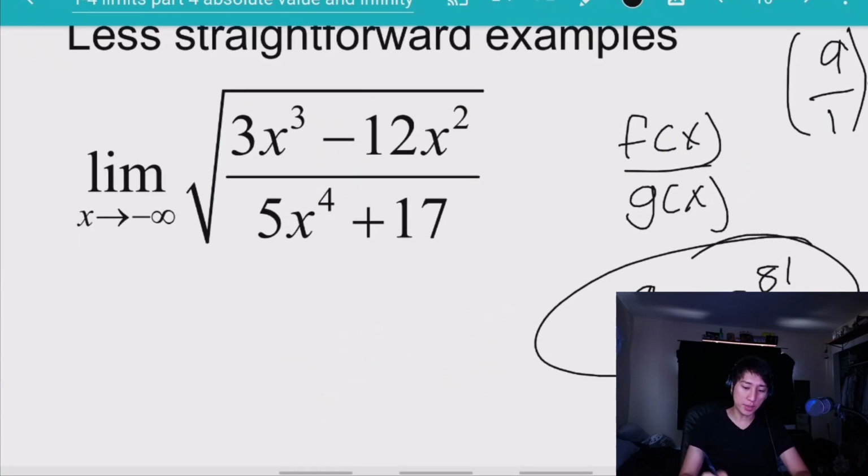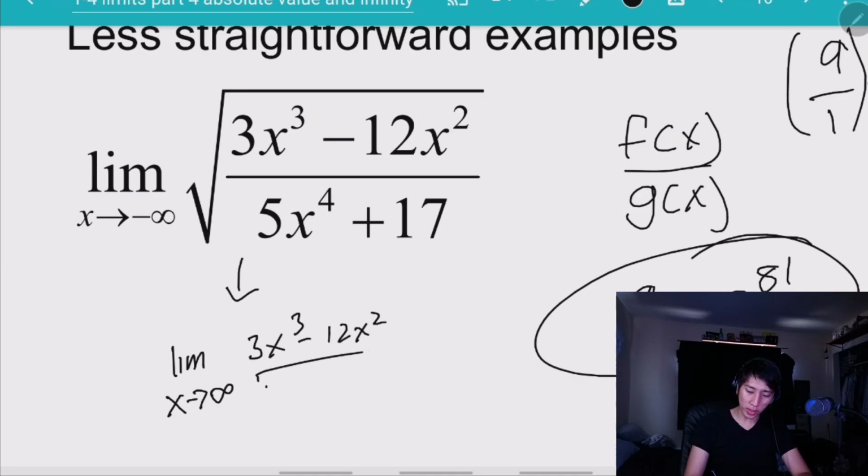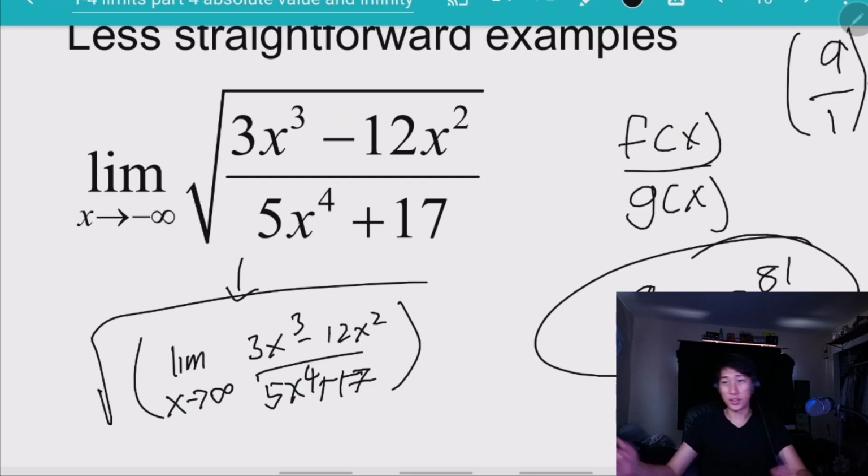Basically, what you're going to be doing here is we say limit as x approaches infinity of 3x cubed minus 12x squared over 5x to the fourth plus 17, and then we just square root this after. You could also write this as raised to the 1/2, but you're allowed to rewrite it like this because of that root rule that we talked about last time. Does this kind of make sense?